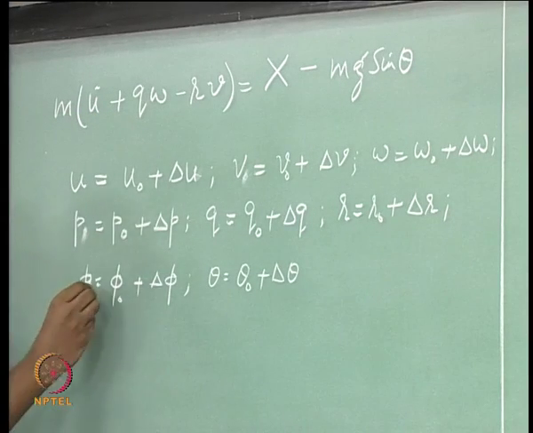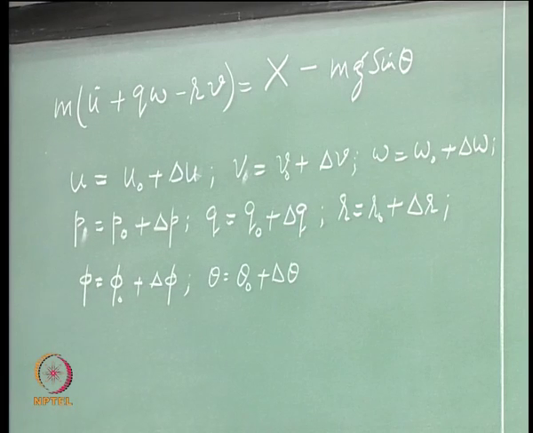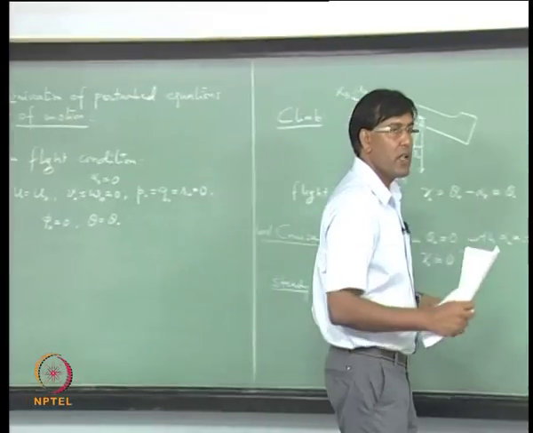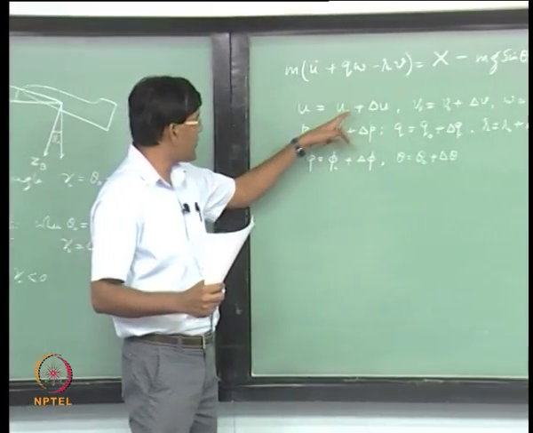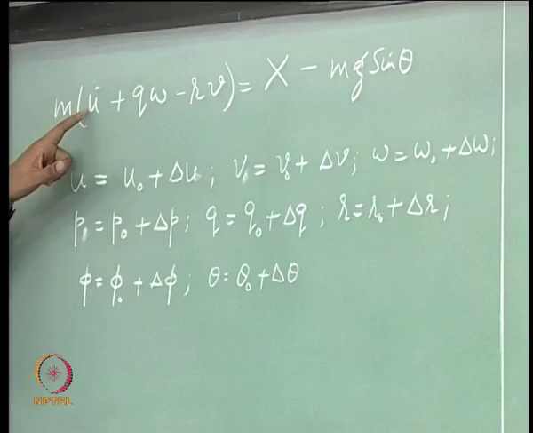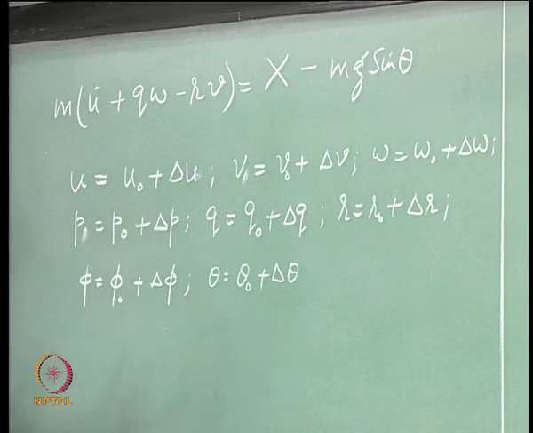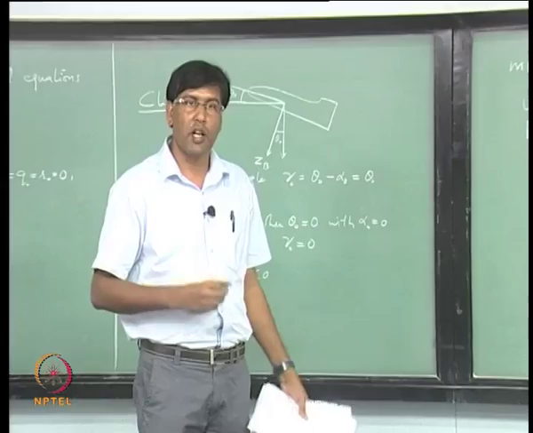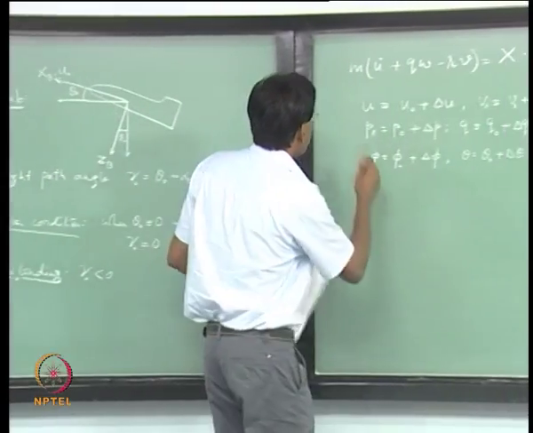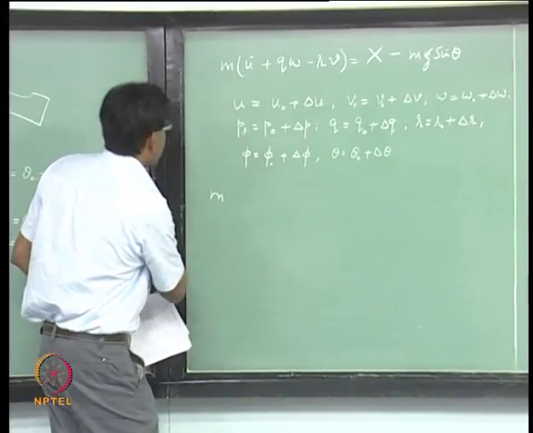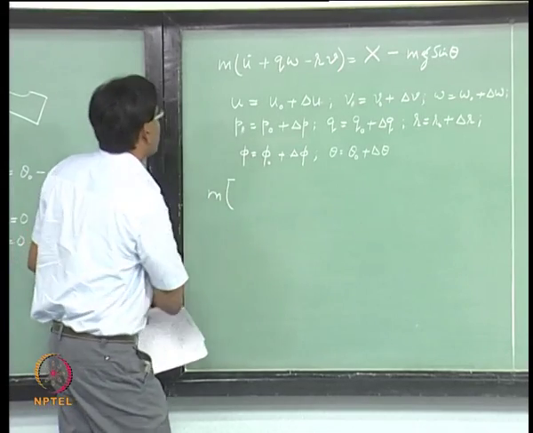Now, what we are trying to do is derive the perturbed equations of motion. So, I am going to substitute for u, u naught plus delta u, the perturbed condition from the equilibrium flying condition. So, let us do that and see what we get.